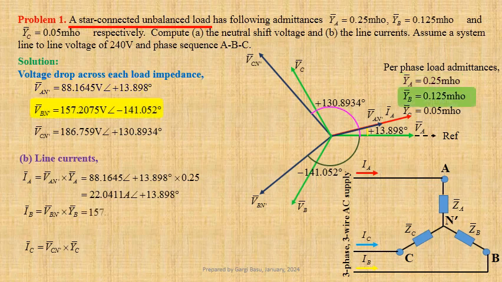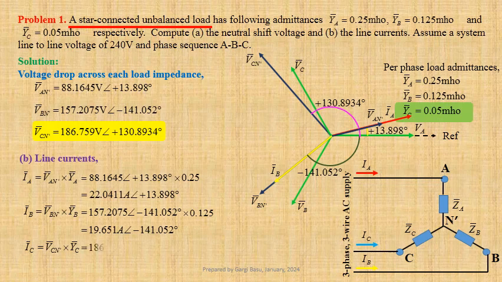IB equals 157.2075 at an angle minus 141.052 degree into 0.125, that gives us 19.651 ampere at an angle minus 141.052 degree, and IC equals 186.759 at an angle plus 130.8934 degree into 0.05, that gives us 9.33795 ampere at an angle plus 130.8934 degree.